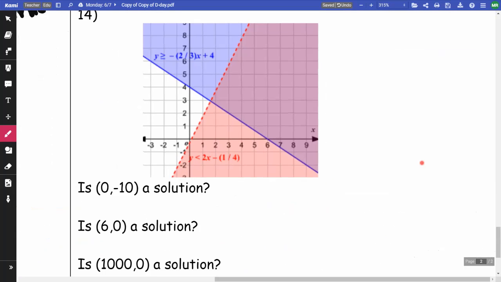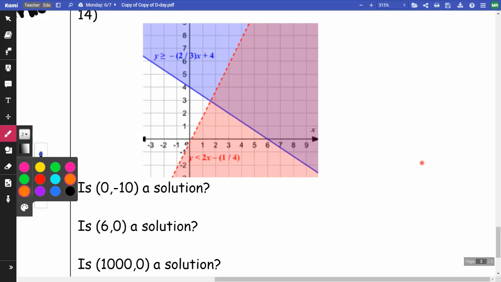Similar idea on 14, except on this one, we have a system this time. So let's see, (0, -10). So (0, -10) would be somewhere down here, which this would have extended and this would have been shaded. It looks like that's kind of a red.